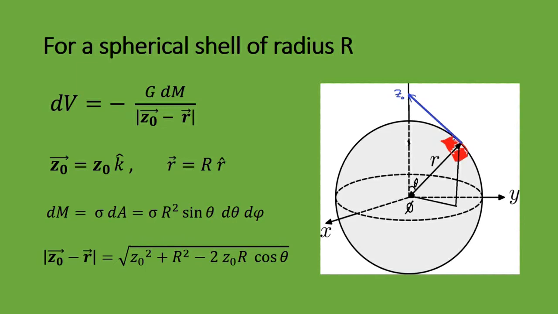And then once you know the gravitational potential of one ring, you can add all the contributions together to get the total potential of the whole sphere. Now, personally, I don't like to use this method. I prefer to use the most general way of using vectors and spherical coordinates.